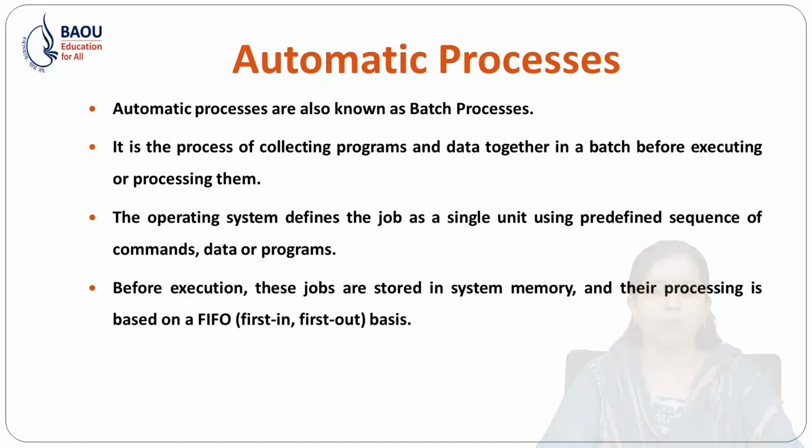Before execution, these jobs are stored in system memory and their processing is served on a first in first out basis. First in first out basis means the process which comes first is served first and then goes out first.